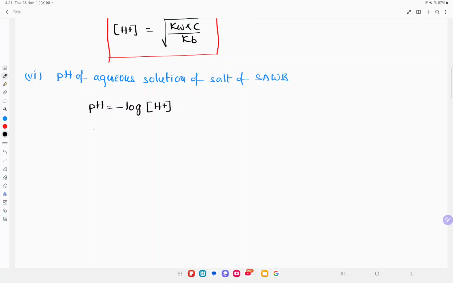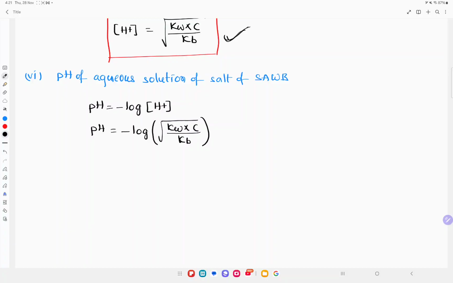So pH is equal to minus log, and the molar concentration of H plus is under root of KW into C by KB. It is here.